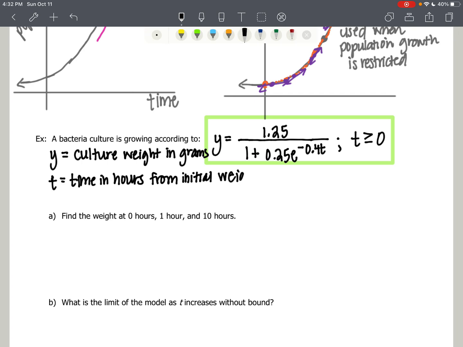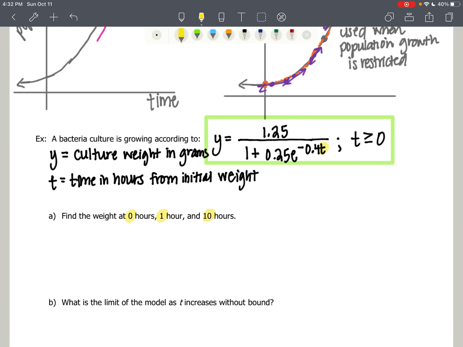So this culture is growing over the course of several hours. Find the weight at 0 hours, 1 hour, and 10 hours. So what you're going to do is you're going to put 0 in for T, you're going to put 1 in for T, and then you're going to put 10 in for T.